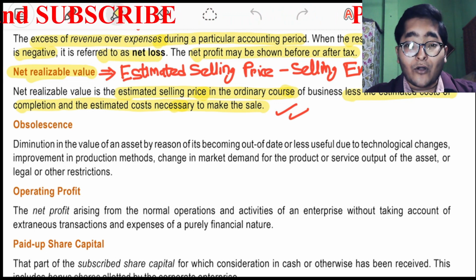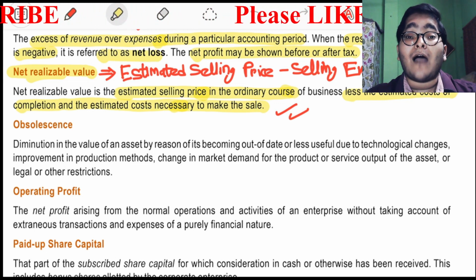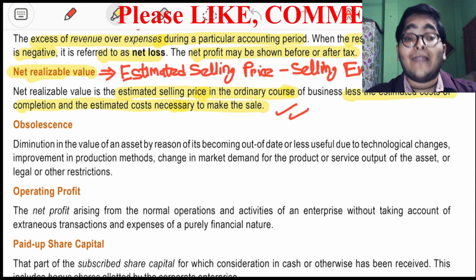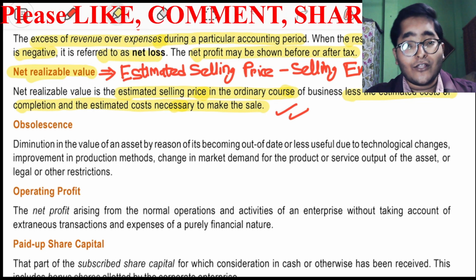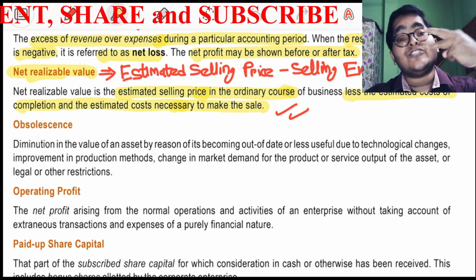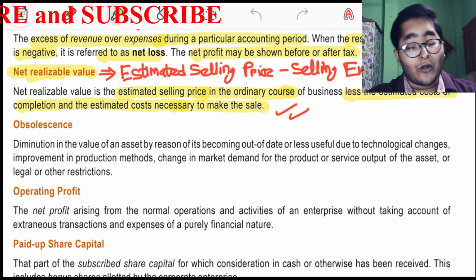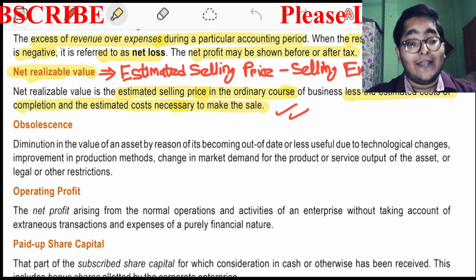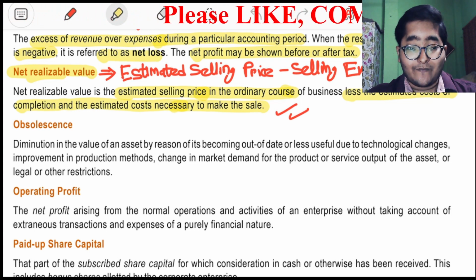A product or a service can become out of date or less useful due to technological changes, improvement in production methods, change in market demand for the product or service, or legal or other restrictions.